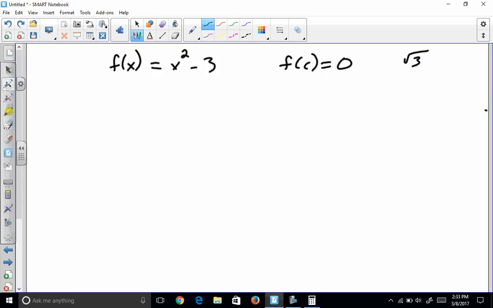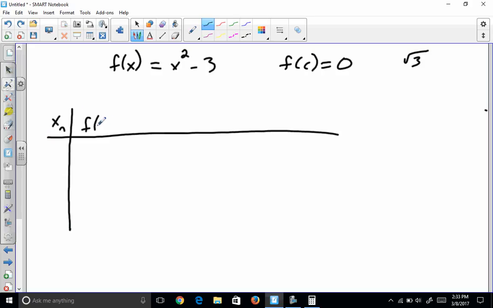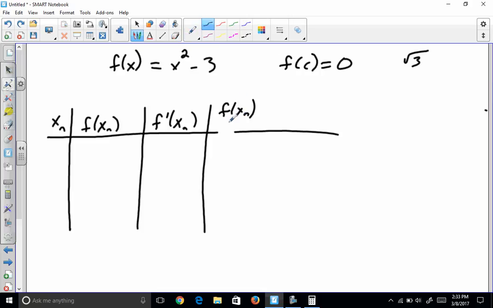So we're going to make a table. We're going to make a table that is our x values, f of each of those values, our function at those values, our first derivative at those values, the ratio of our function divided by our derivatives, and then our x minus that ratio, which is our new value.